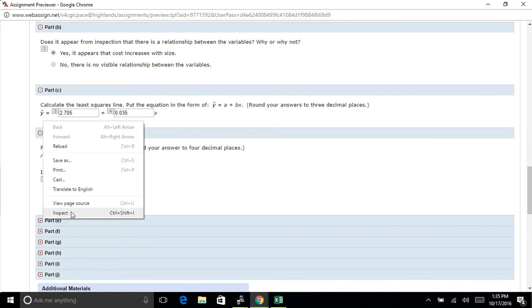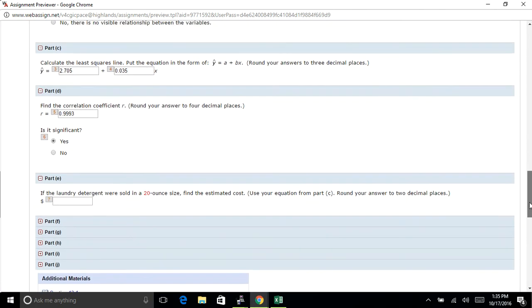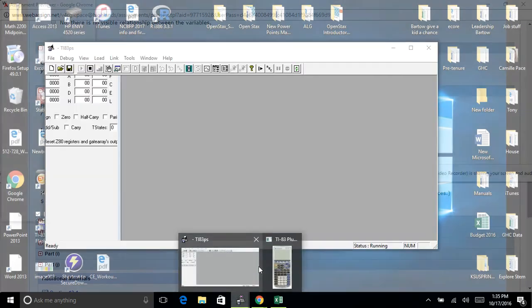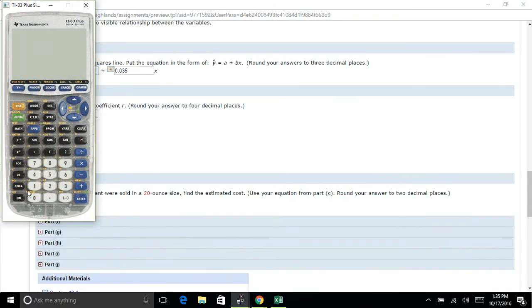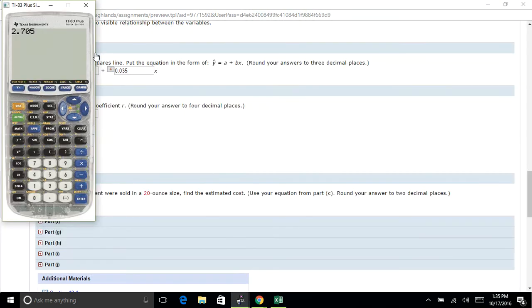Okay, so I'm going to keep going down. So what would it be if my laundry detergent was sold in 20 ounces? Okay, so I need to bring this back up. So I'm going to turn it back on, and do clear. So then what I'm going to put is 2.705. Now, where did I get that again? Remember, it's this equation that I'm just doing again, okay?